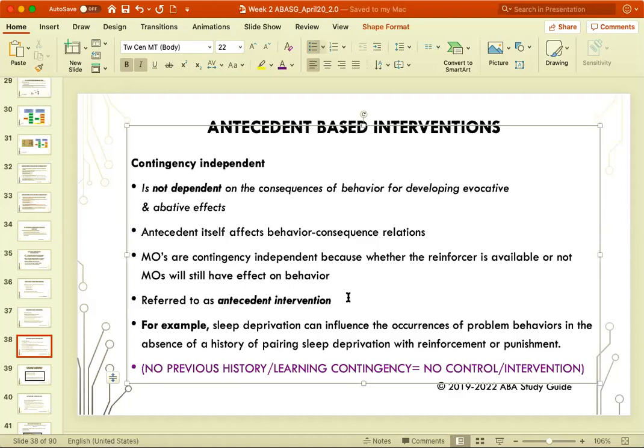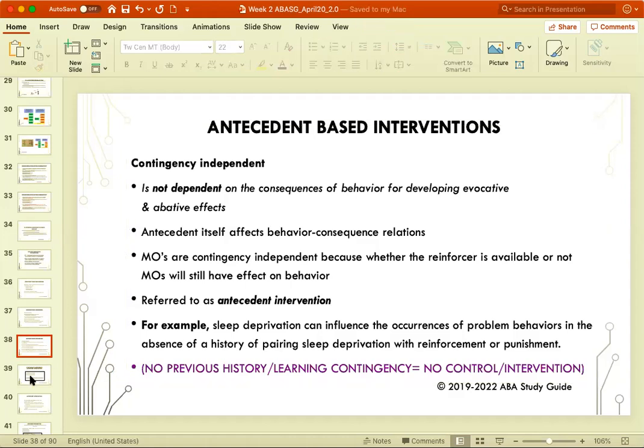So there's never been a time in the past when Andy did not sleep and he cried and mom comforted him. He didn't learn that crying gets me attention because in the past, in similar situations, I cried, right? There's no previous history. There's no specific learning history. Therefore, it's not antecedent control. It could be considered antecedent intervention.